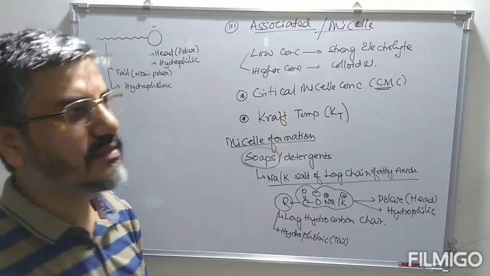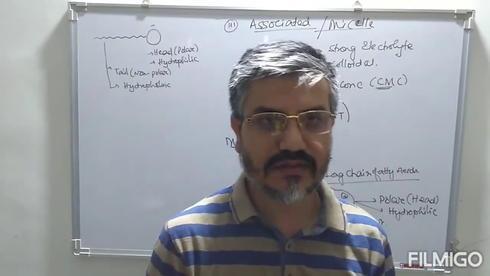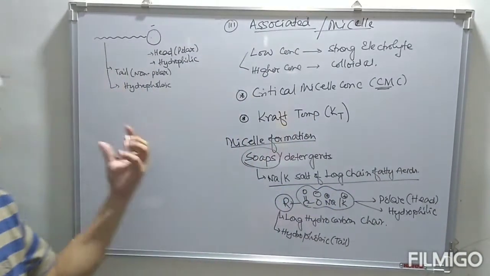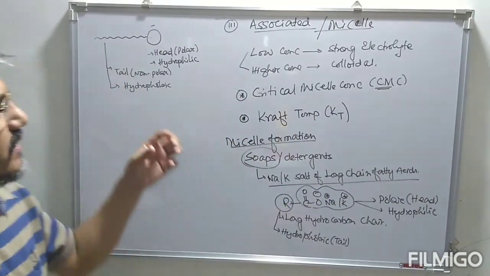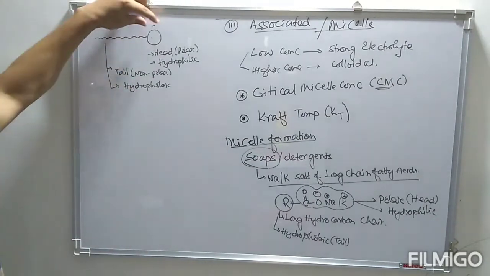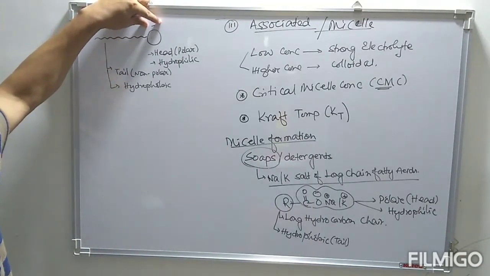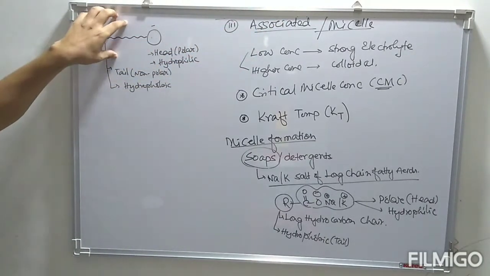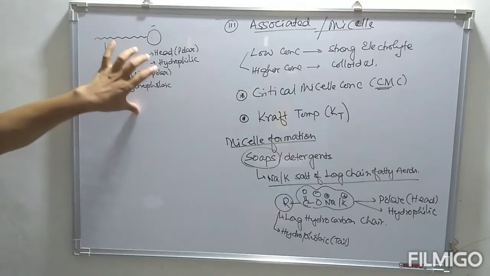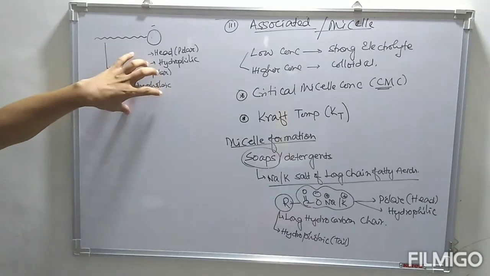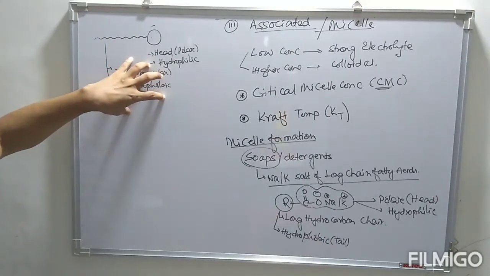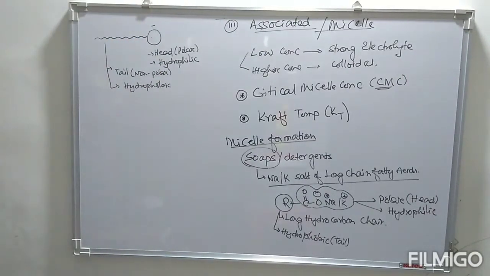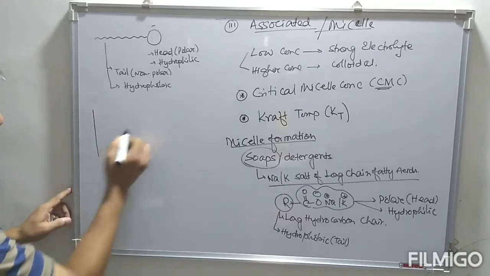When these are dissolved in water at a certain concentration, now look at this, we have this hydrophobic and hydrophilic part. When this is dissolved in water, the head, being hydrophilic, will try to remain in water, whereas the tail, that is the non-polar end or hydrophobic part, being not soluble in water, will try to remain away from water. That is, suppose we have a container.